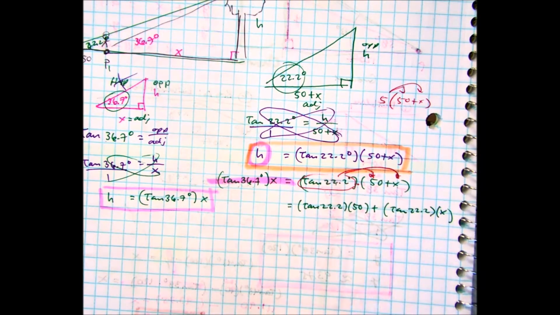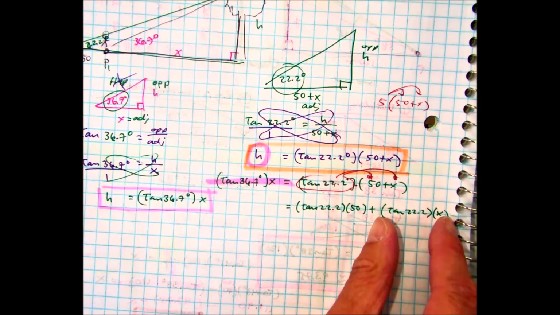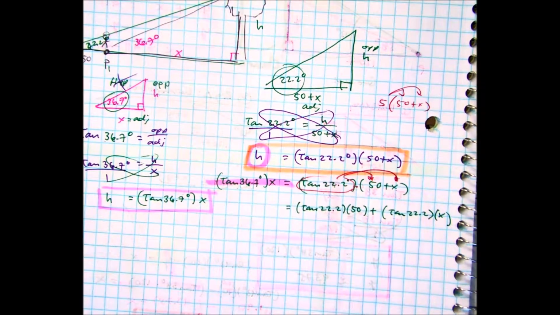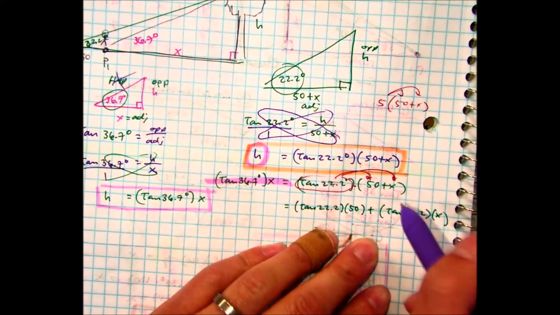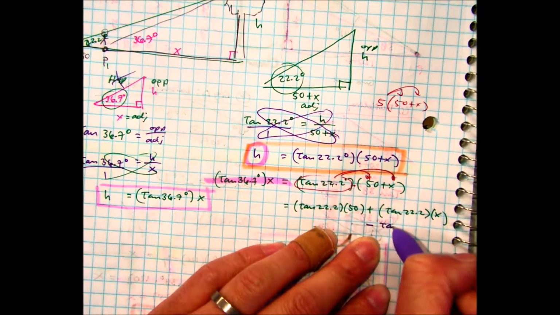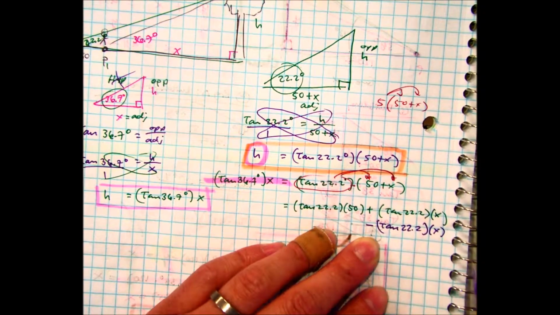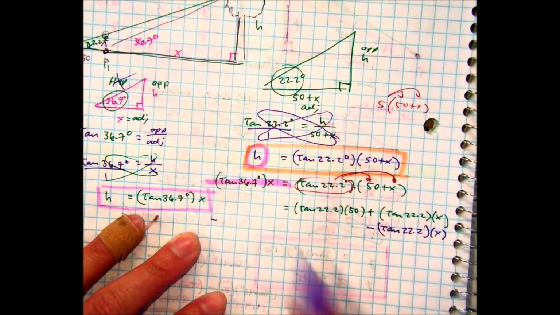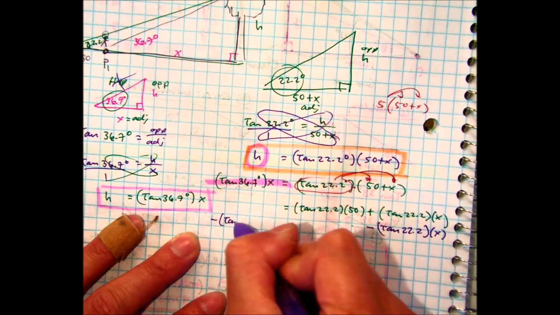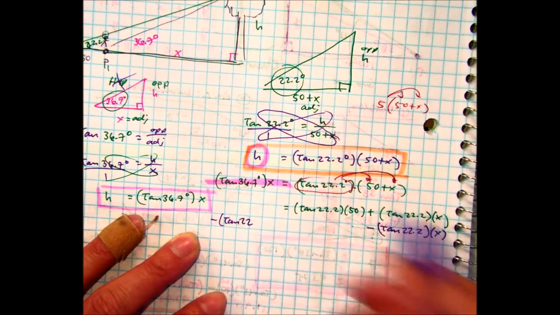Let's plan. I want to get these x's together. So you can do a couple of things. I'm going to subtract tangent of 22.2 times x from both sides. Don't give up.